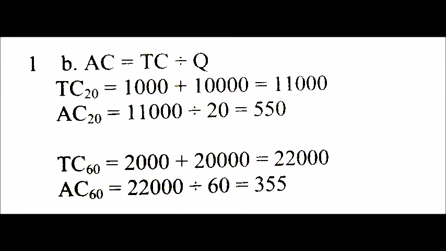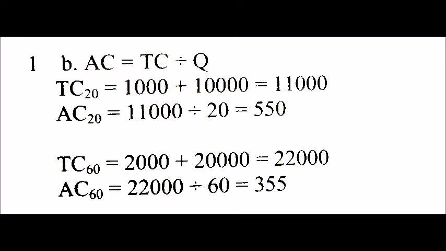Now let's come to B. Average cost at each level of output. Now we say average cost is equal to total cost divided by quantity. So you'll be using average cost is equal to total cost divided by what? Quantity.